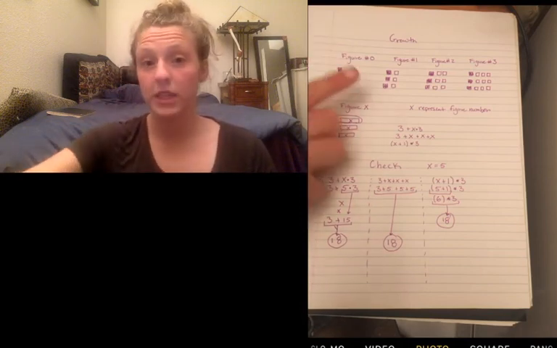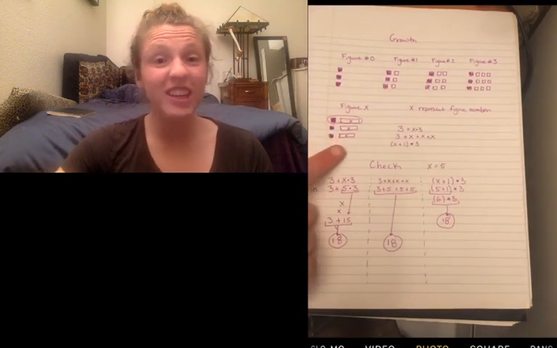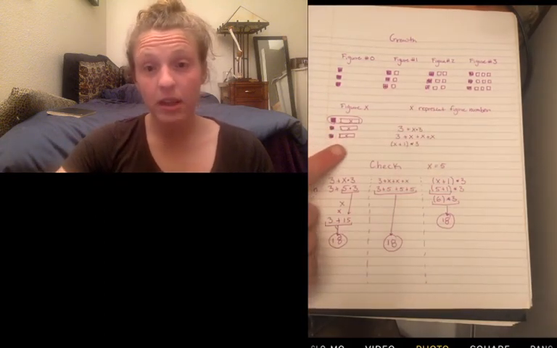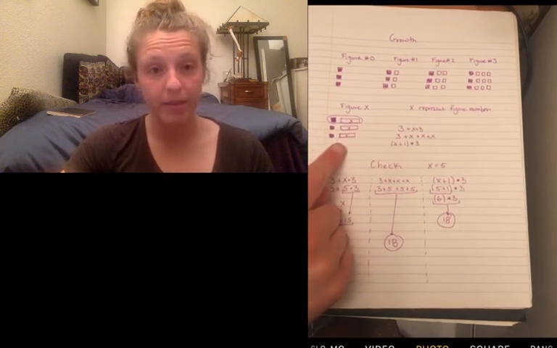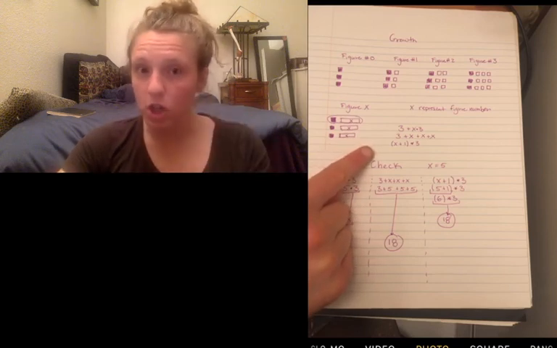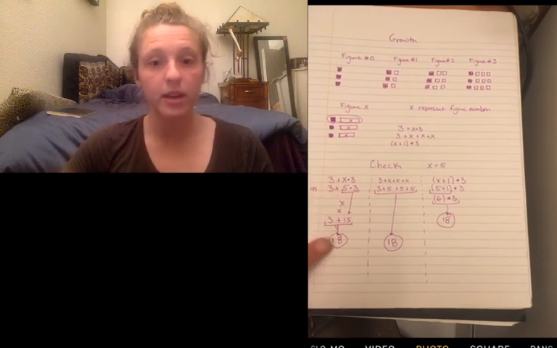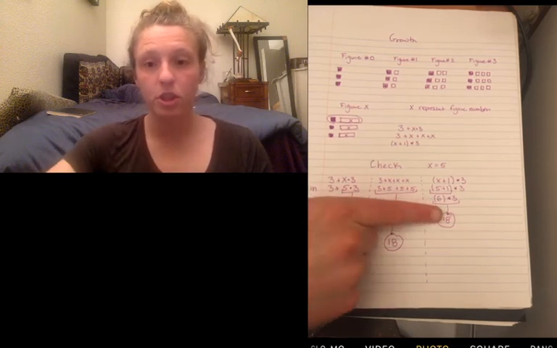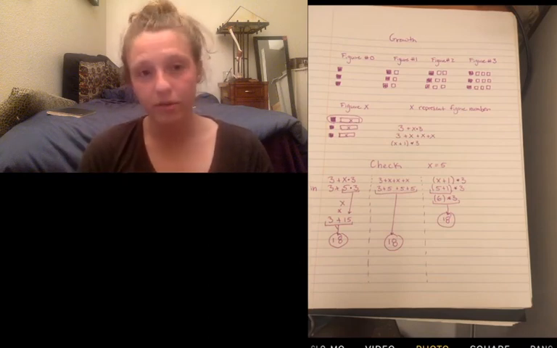So we looked at this one tile pattern that's growing. We turned it into a figure X tile pattern. And then we wrote 3 different equations that could represent that figure X. And then, just to double check, just to make sure that these all truly were equivalent, we plugged some numbers in and we got the same answer each time. And I did a final proof that these are equivalent.